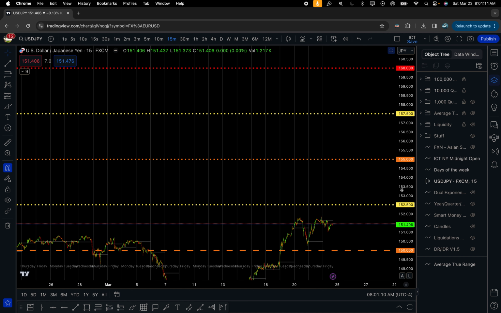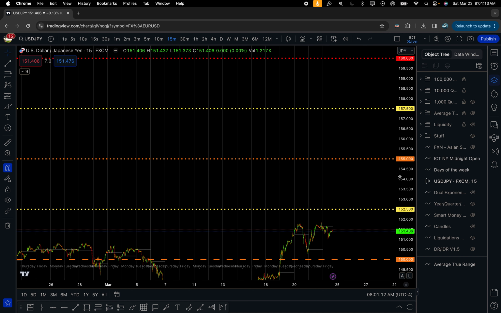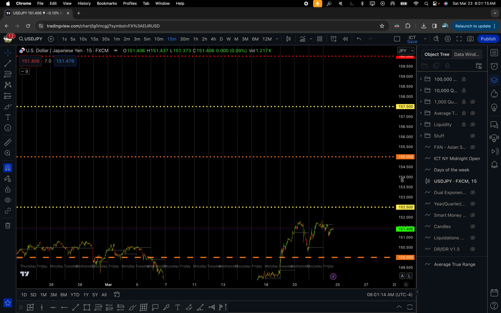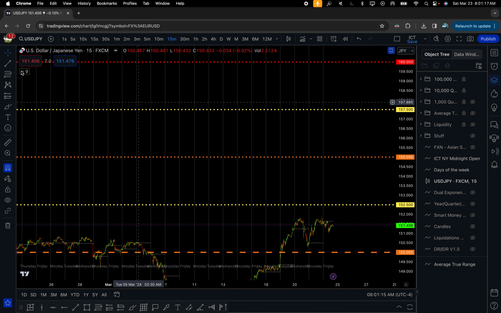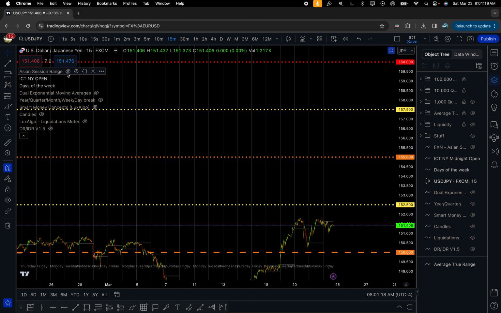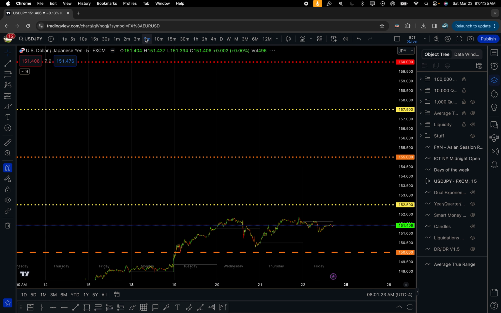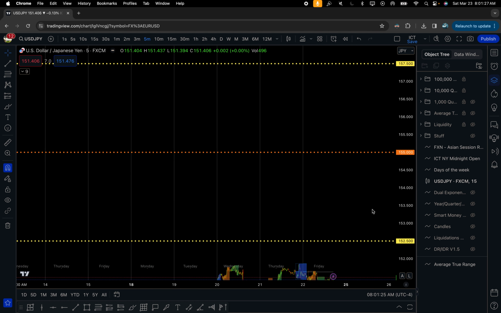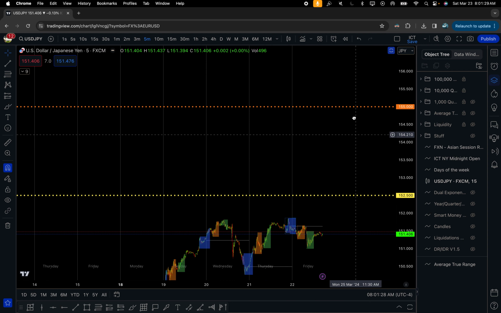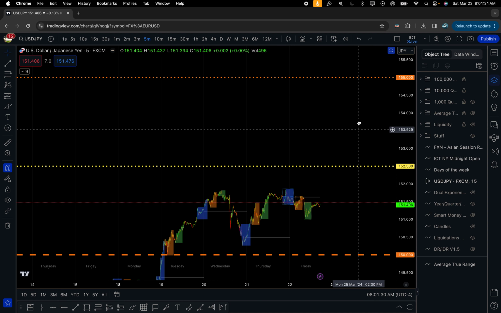So now what do you do to get even more specific about the levels? Because we're in these sessions, right? And we're zoomed in. Probably when you're trading, a lot of you are on the 1 minute or whatever. Okay.